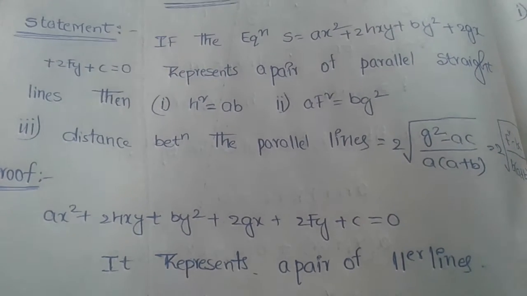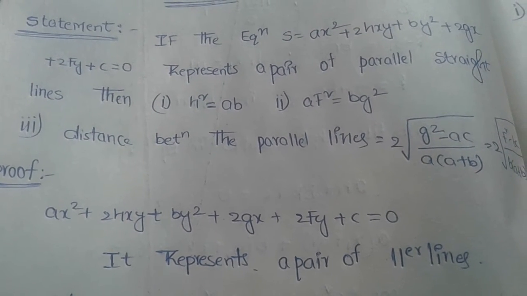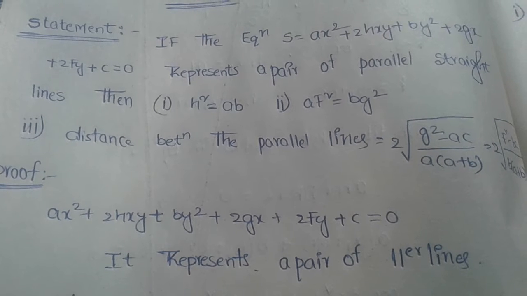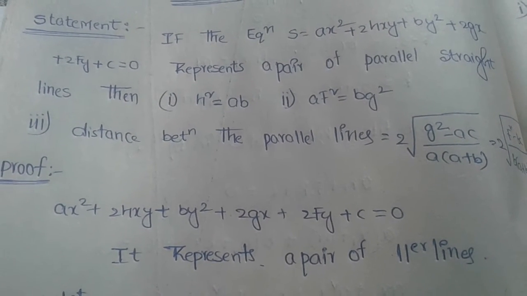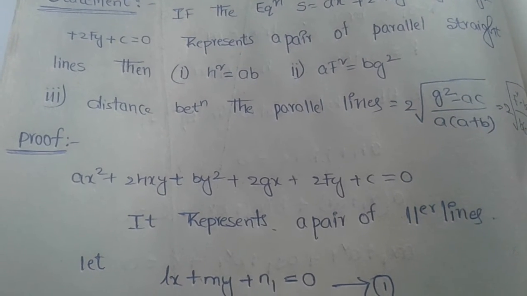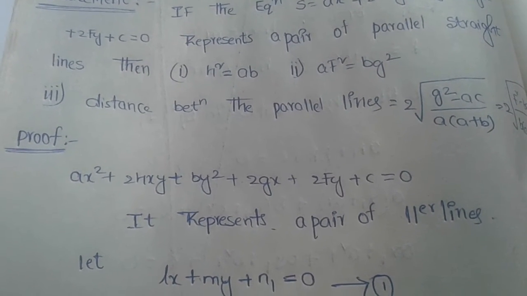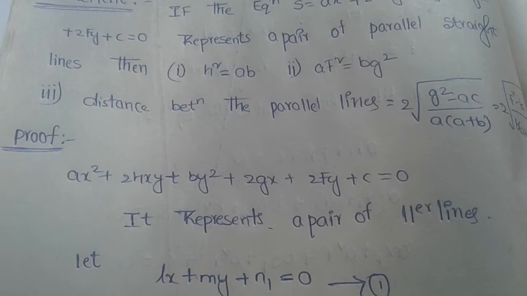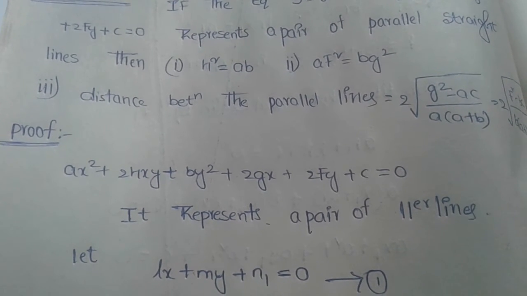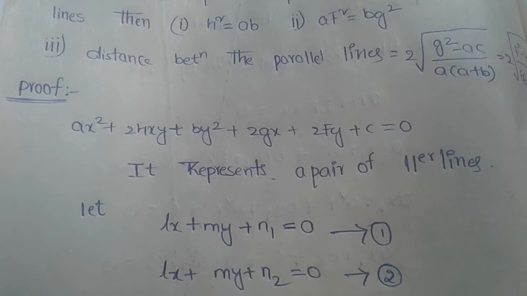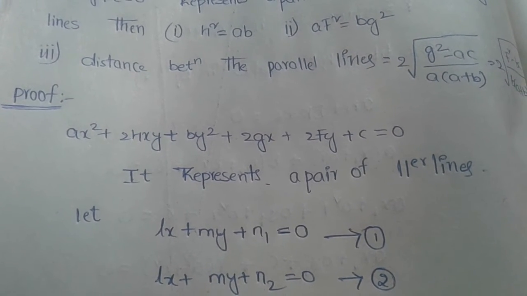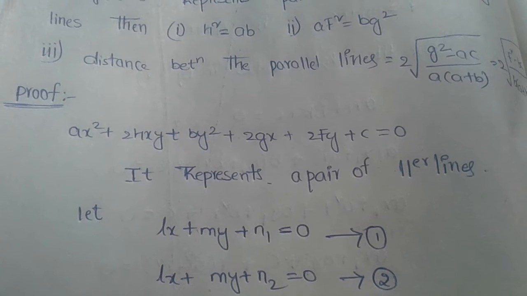Proof: ax² + 2hxy + by² + 2gx + 2fy + c = 0 represents a pair of parallel lines. Let lx + my + n1 = 0 be equation 1, and lx + my + n2 = 0 be equation 2.